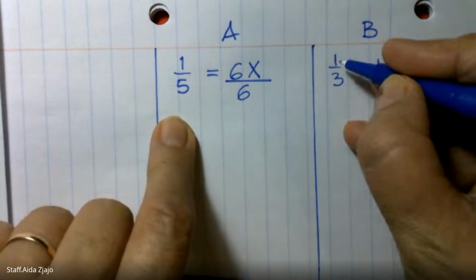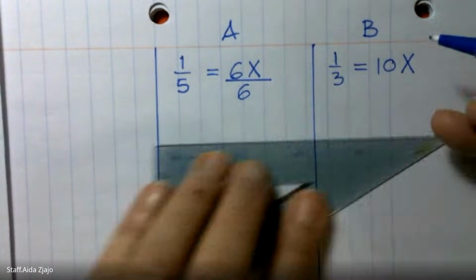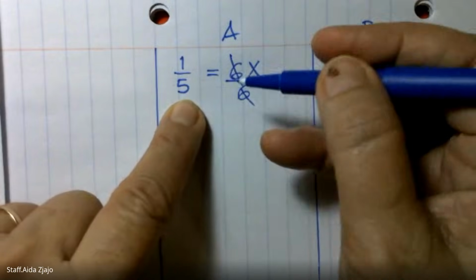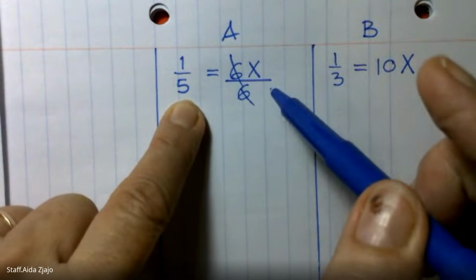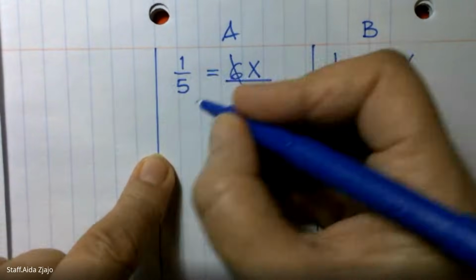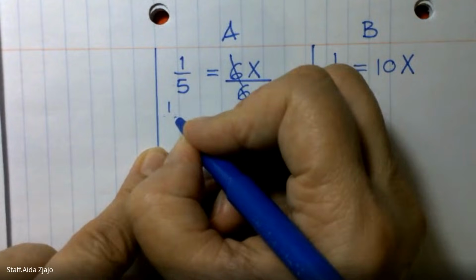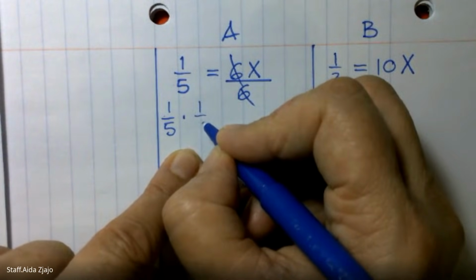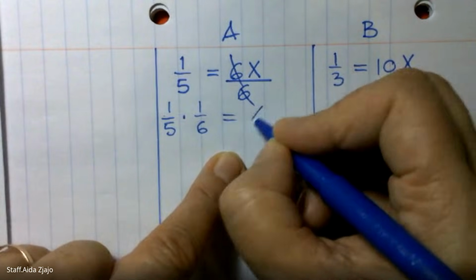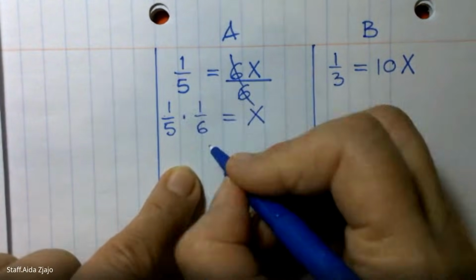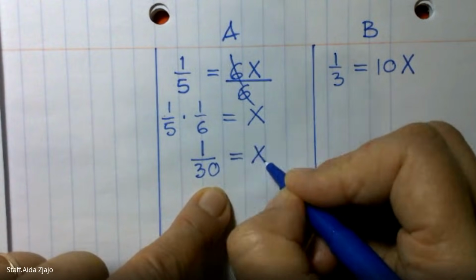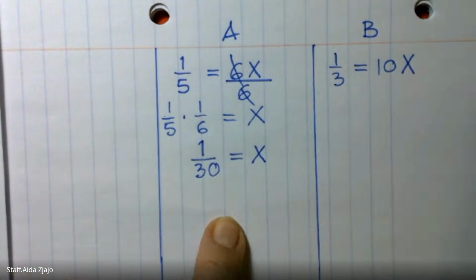So you can cancel, and then 1/5 divided by 6 would be the same as multiplying by 1/6. So 1/5 times 1/6 equals x. And then 1 times 1 is 1, 5 times 6 is 30. So x equals 1/30th. That's one way of seeing it.